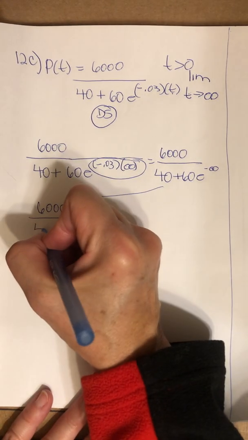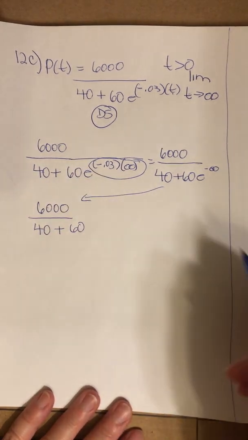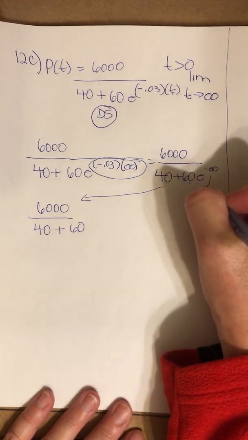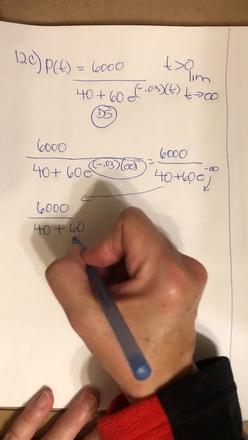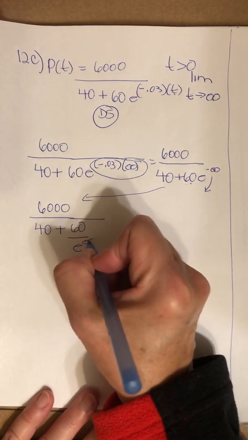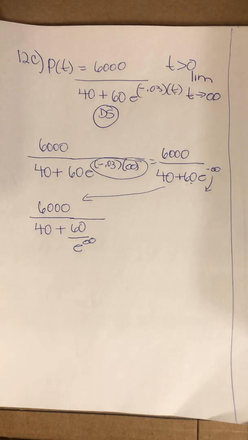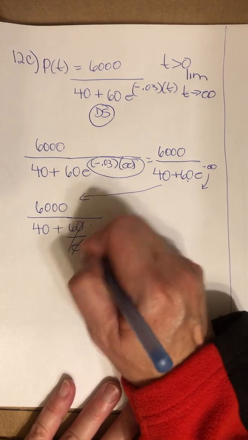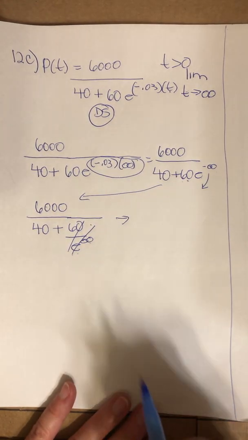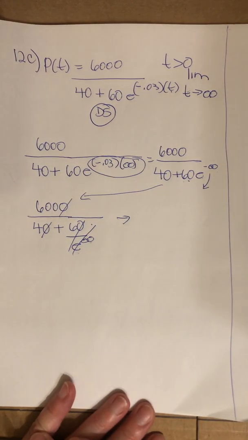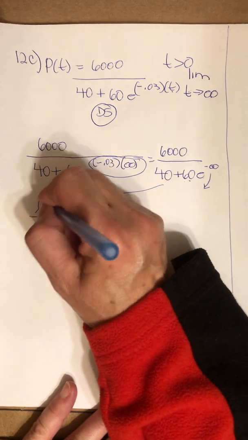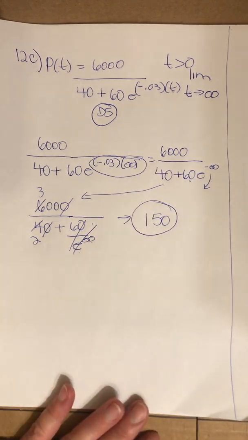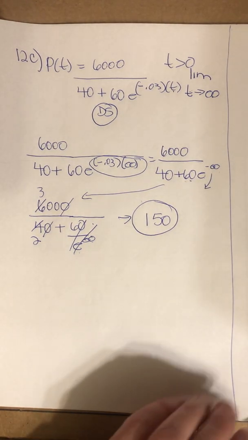So the numerator is the same, 40 plus 60, and instead of multiplying 60 by e to the -infinity, I'm going to move the e to the -infinity to a denominator and make it positive, and now I can understand it a little bit better. 60 divided by e to the infinity is 0, and I'm left with 600 divided by 4, or 300 divided by 2, which is 150, and that's how they got the answer that they did.